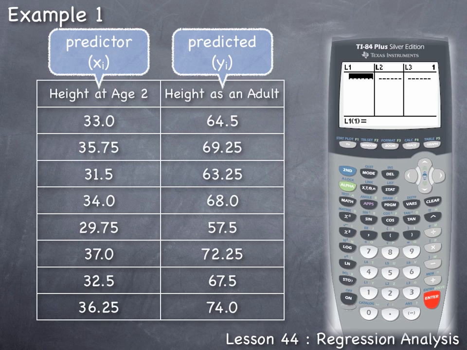So in list 1, we'll enter the height at age 2, starting with 33.0, enter. 35.75, enter. 31.5, enter. 34.0, enter. 29.75, enter. 37.0, enter. 32.5, enter. 36.25, enter.